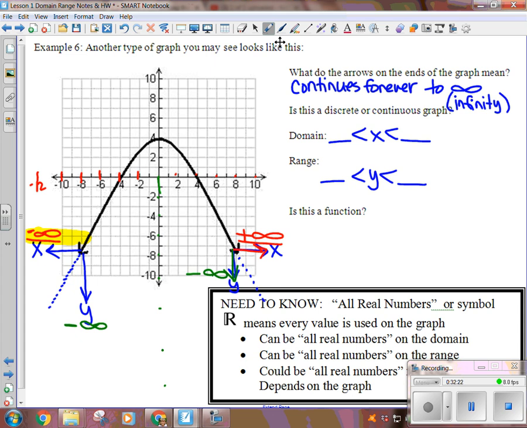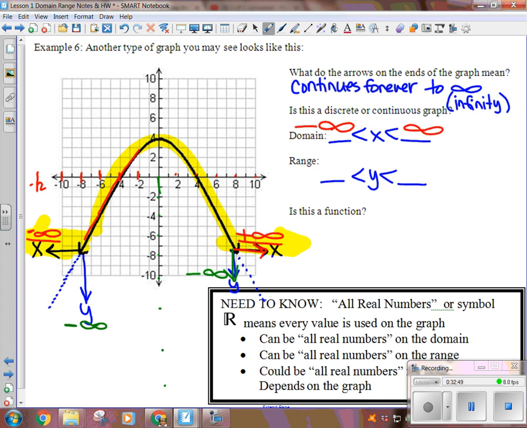So I want you to understand that they're actually coming from negative infinity, and then this graph is going to continue all the way across here, and then it's going to keep going to positive infinity. Does everybody see that? For the first time, we actually have arrows pointing from negative infinity to positive infinity.